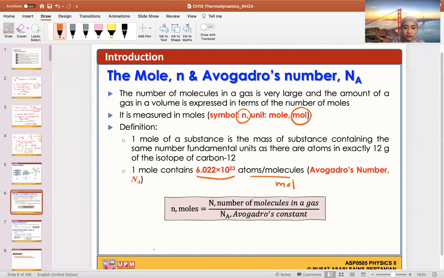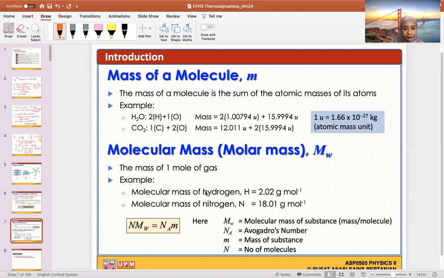So this is 1 mole. This is the number for a mole. So n moles is equal to N, the number of molecules in a gas, over NA. I believe this equation is in your module book as well.